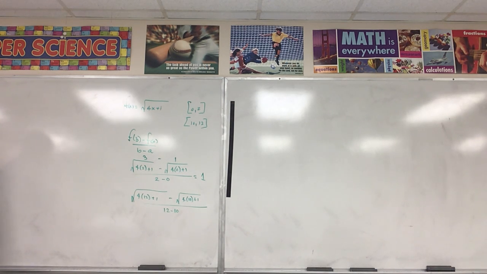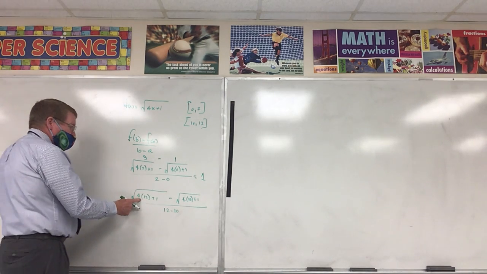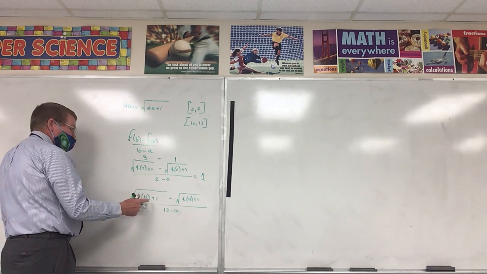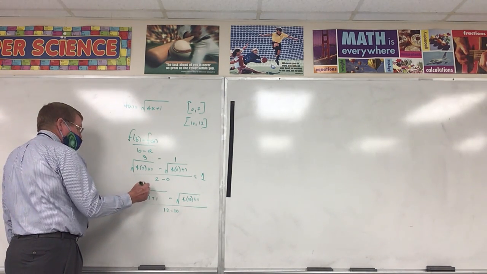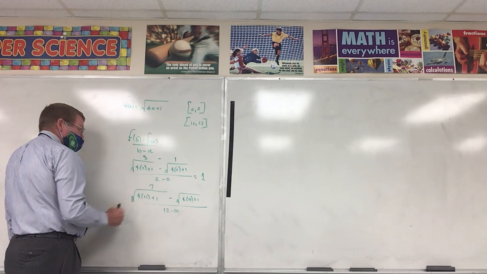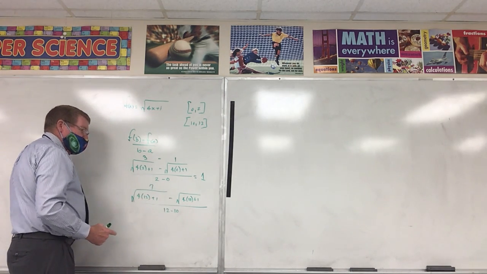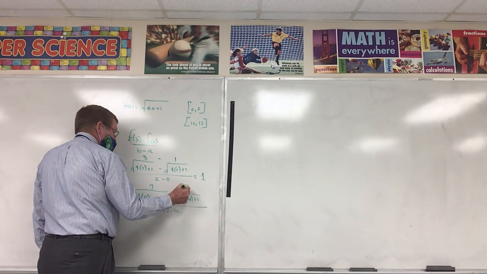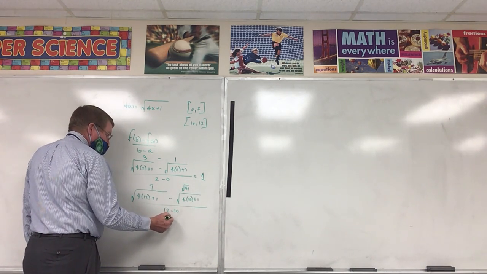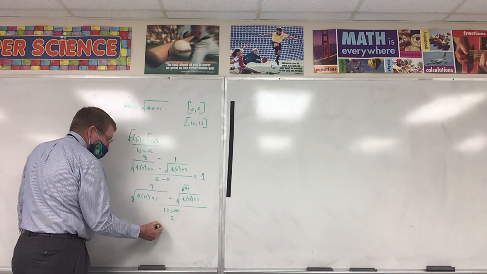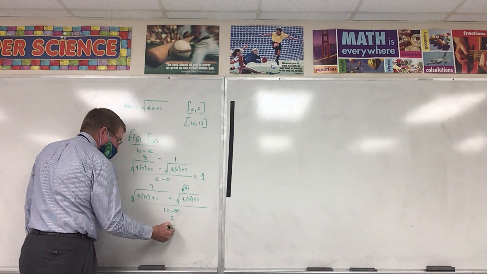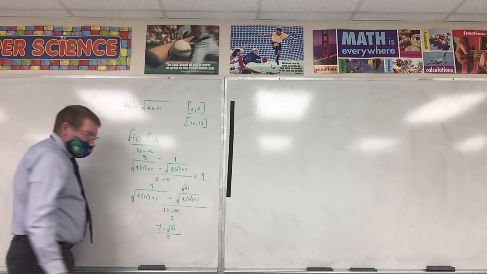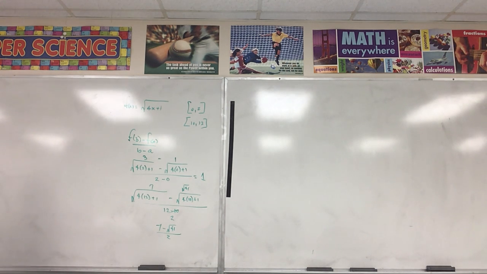Not yet, not in this section. 4 times 12 is 48, plus 1 is 49, square root is 7. 4 times 10 is 40, plus 1 is 41, square root of 41, over 2. So 7 minus the square root of 41 over 2 is my average rate of change.